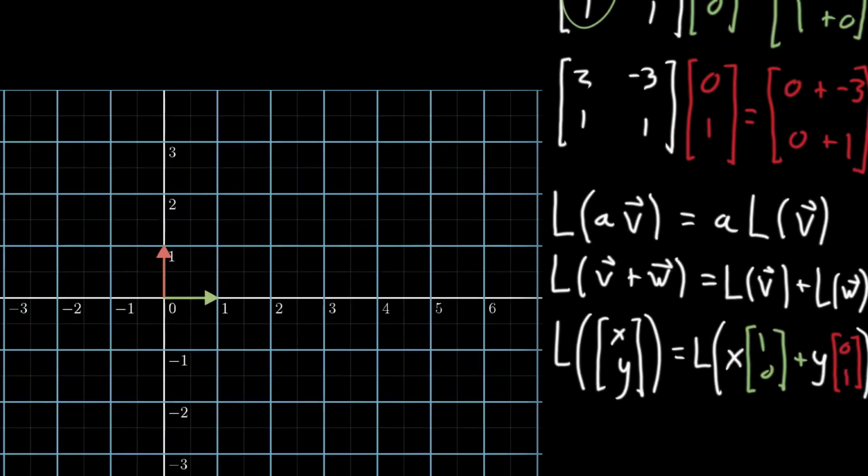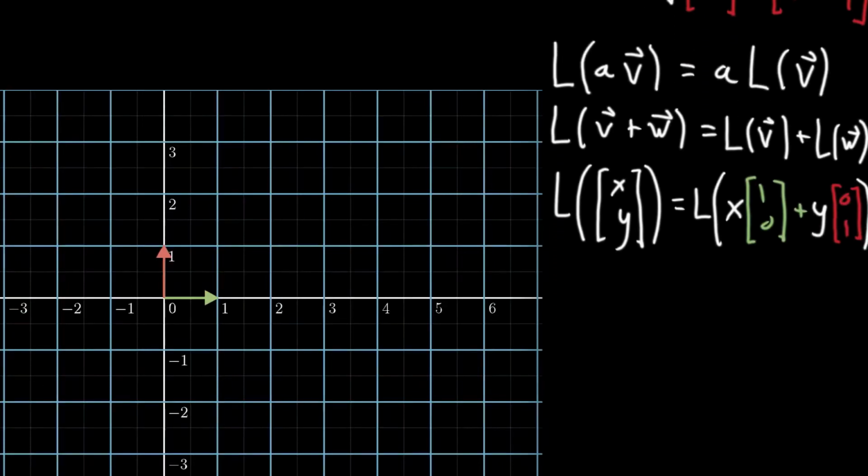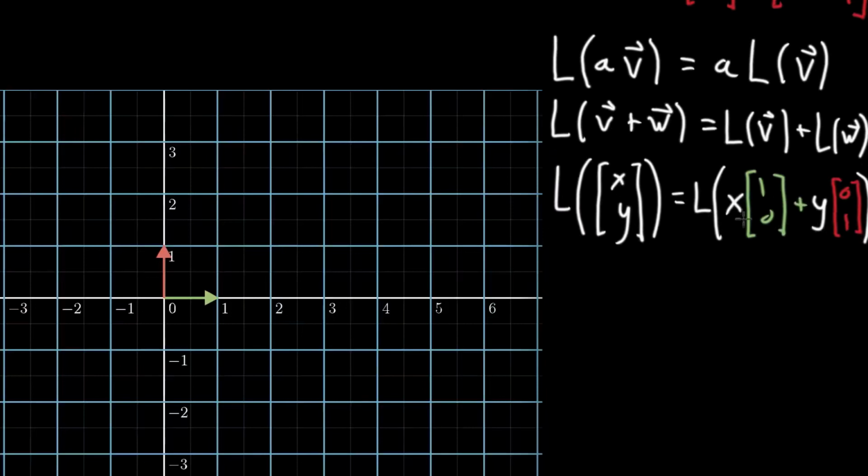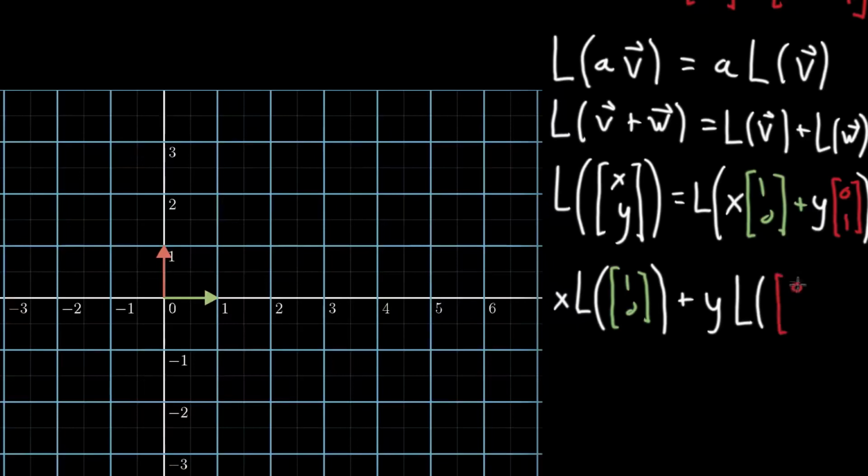And because of these two properties of linearity, if I can split it up like this, it doesn't matter if I do the scaling and adding before the transformation, or if I do that scaling and adding after the transformation, and say that it's x times whatever the transformed version of 1, 0 is. And I'll show you geometrically what this means in just a moment, but I kind of want to get all the algebra on the screen. Plus y times the transformed version of 0, 1.